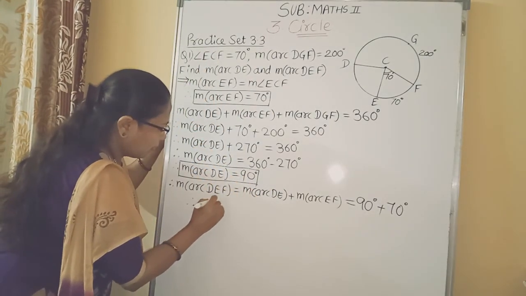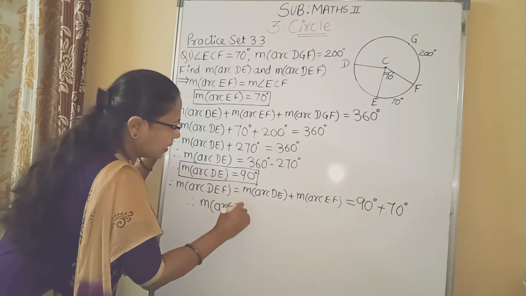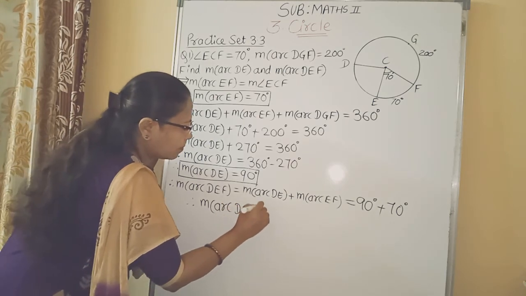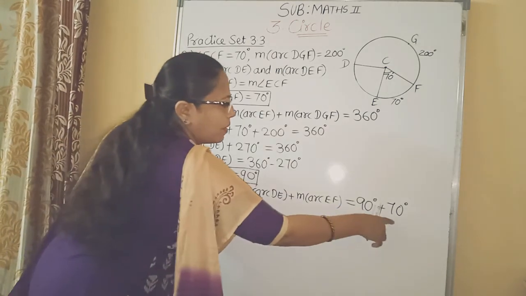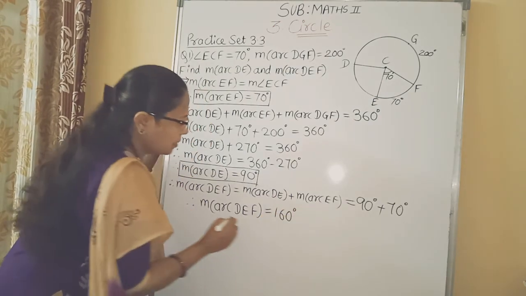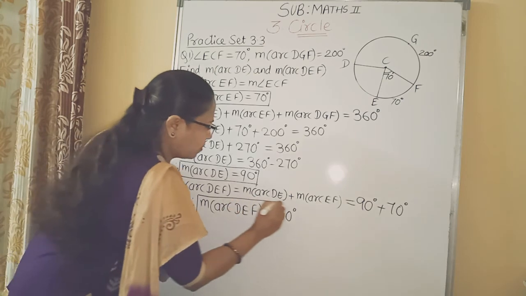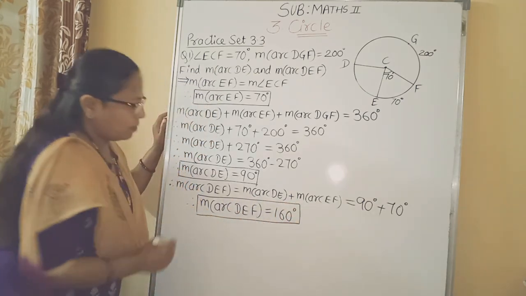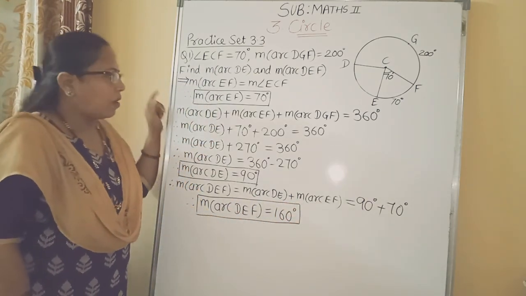Therefore, measure of arc DEF is equal to 90 plus 70 degree, 160 degree. Followed how we solved here?